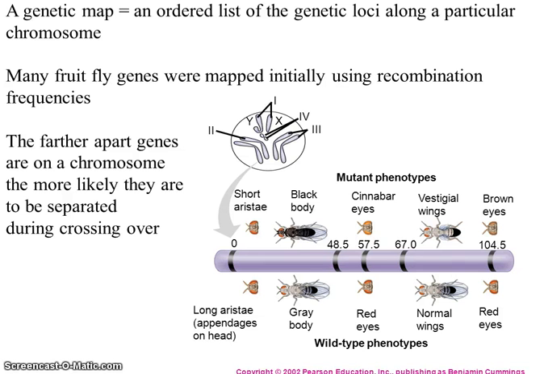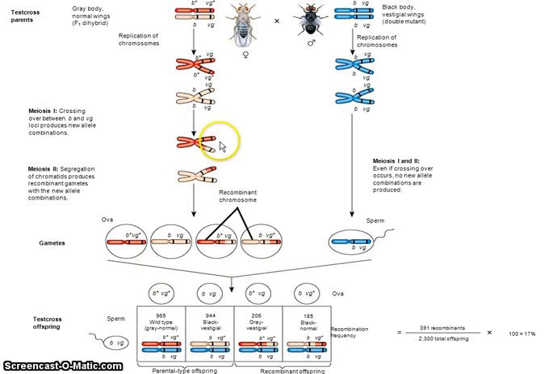So, we can do a genetic map on this. So we've done a little bit of this, but we use fruit flies for a lot of things. So we can look and see, based on the amount of crossing over, where we think each of the different genes are. And so this shows you that male and female with gray body, normal wings, and black body with vestigial wings.